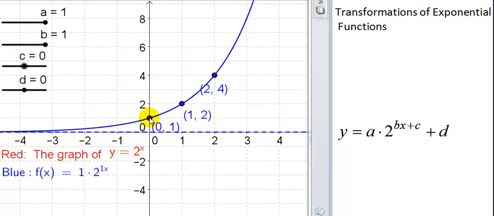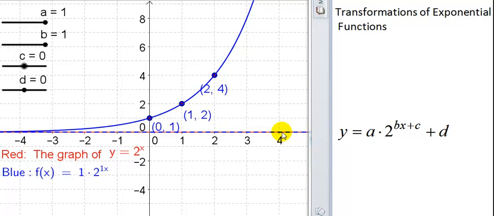When x is 0, 2 to the 0 is 1. 2 to the 1 is 2. 2 squared is 4. 2 raised to the third power is 8. So I get my basic increasing exponential graph. And also notice when we graph an exponential function, we must graph as a dotted line the horizontal asymptote, which in the parent graph is the x-axis, otherwise known as the equation y equals 0.